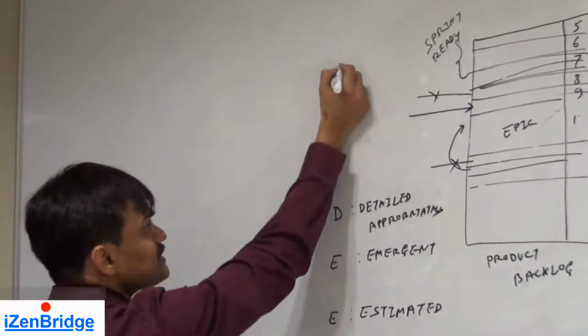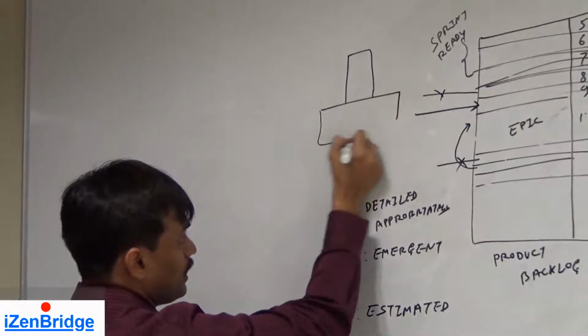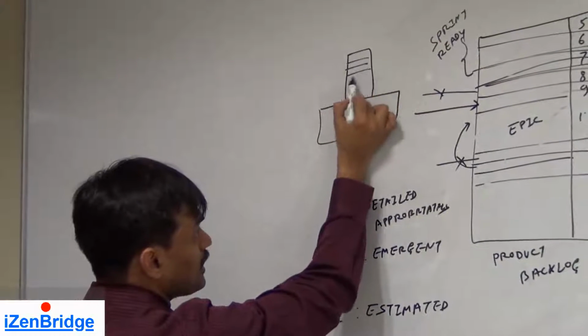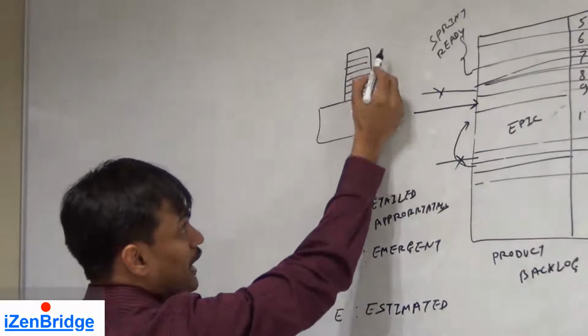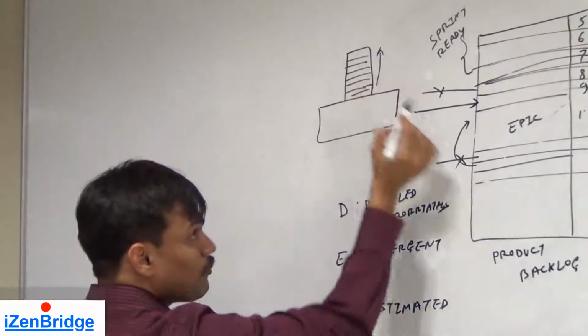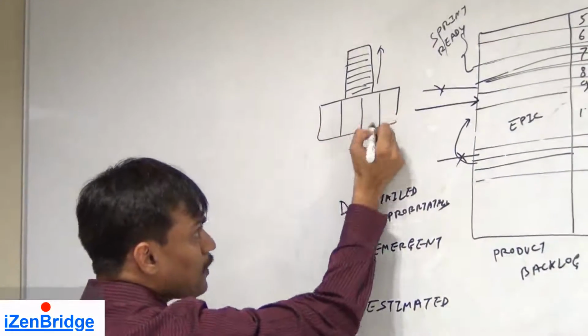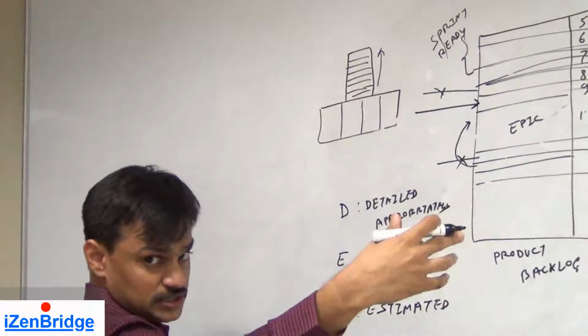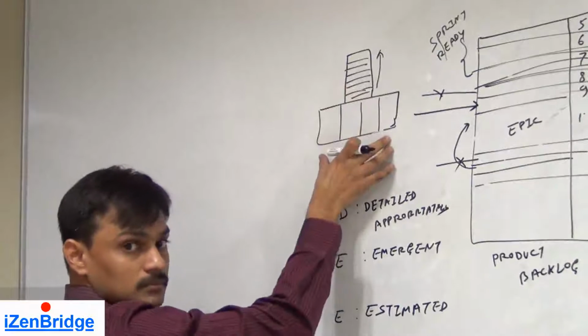We can visualize it like this, that the items which are coming in or planned in the upcoming sprints or next 2-3 sprints are fine-grained and prioritized. The top ones are of a higher priority, and items which are not planned in the next 2-3 sprints and are of a bigger size may remain at the bottom.